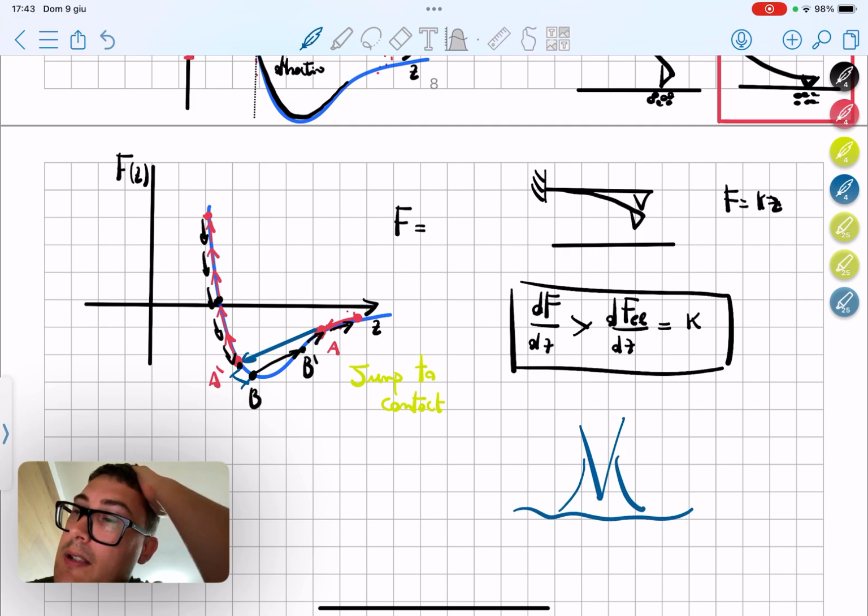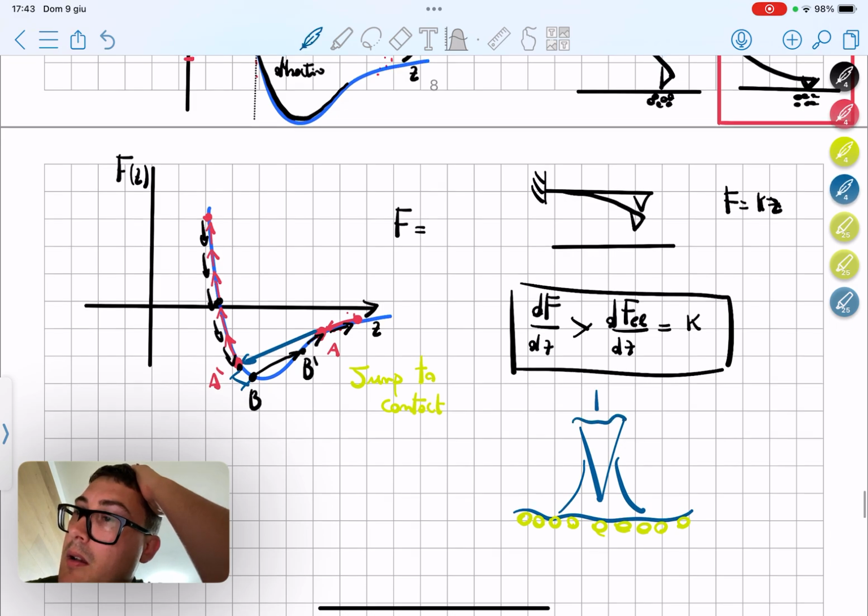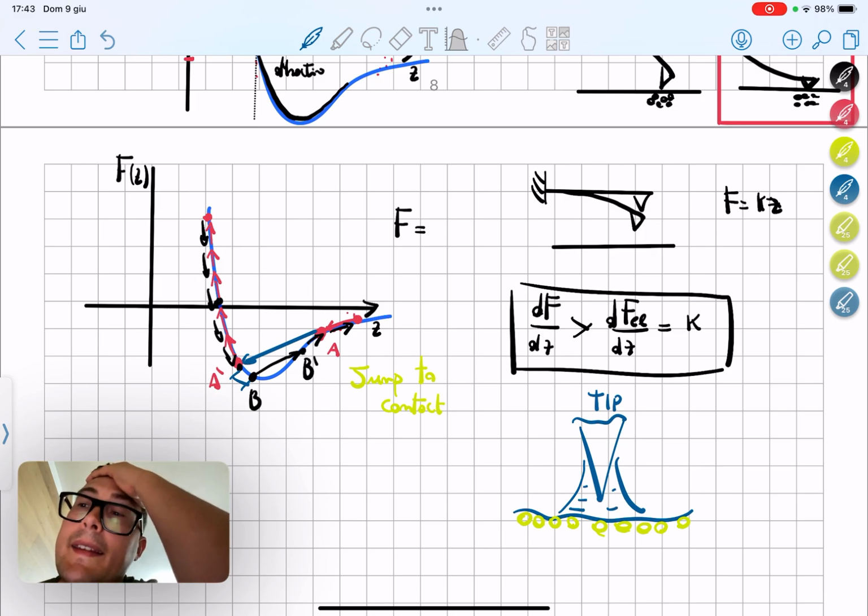Imagine this is the sample and this is the tip. There are these capillary forces which are somehow holding down the tip as it tries to go up.